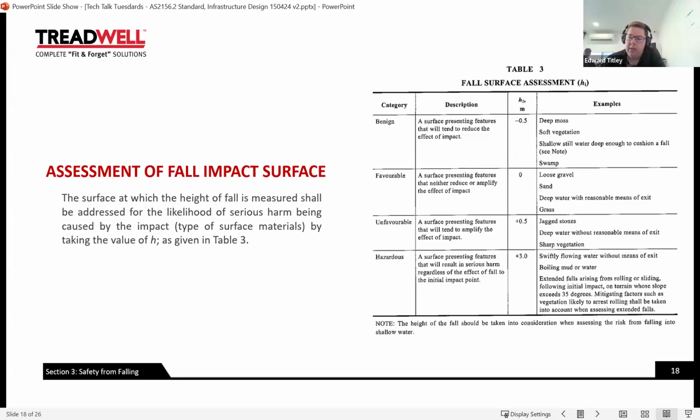Favourable, loose gravel and sand, or water with a reasonable means of exit, or grass. Unfavourable, sharp vegetation, jagged stones, etc. And then hazardous being extended falls, so where the slope exceeds 35 degrees, or swiftly flowing water, and so on.